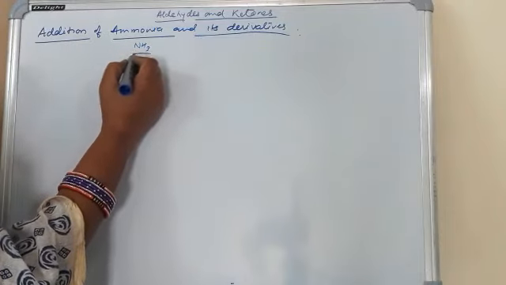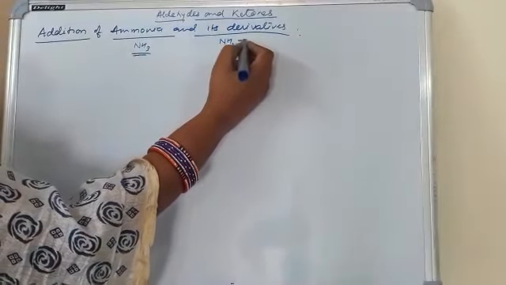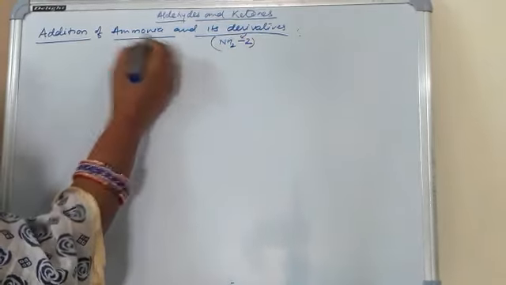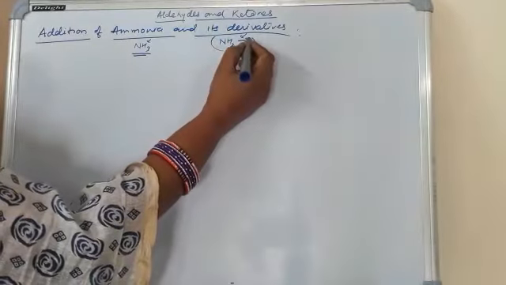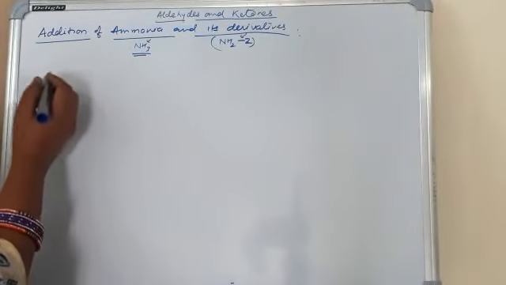Ammonia, we all know the formula of ammonia, and when one hydrogen is replaced by any functional group, it is known as a derivative. Z is any functional group. At first, see how the reaction proceeds.